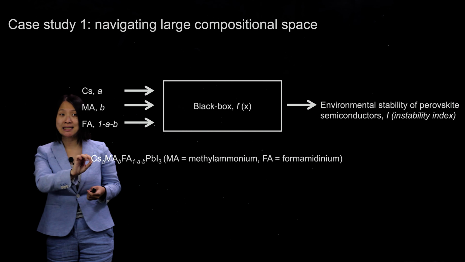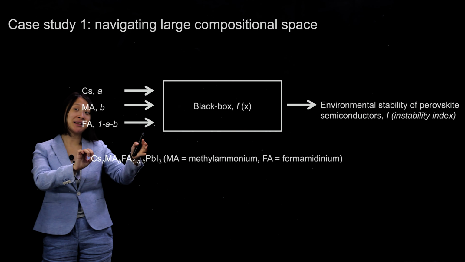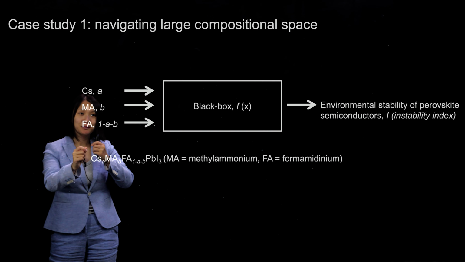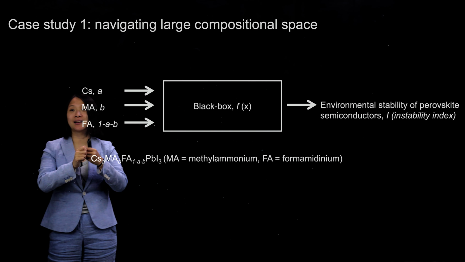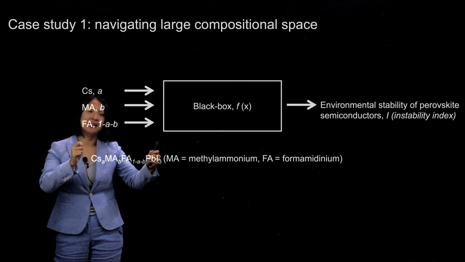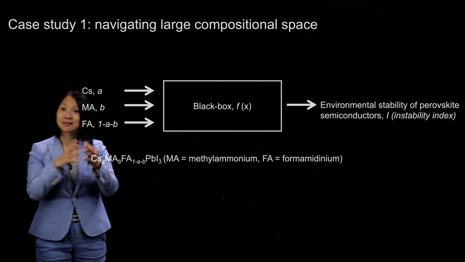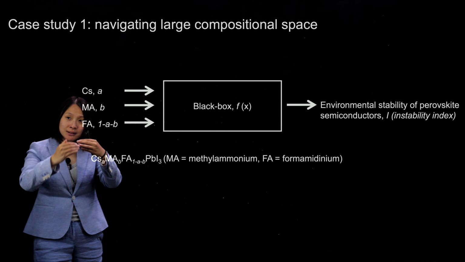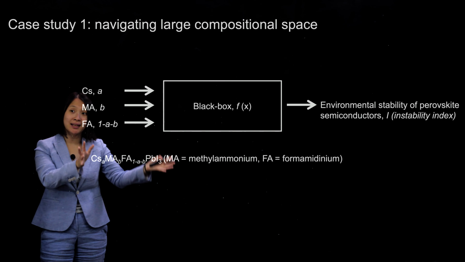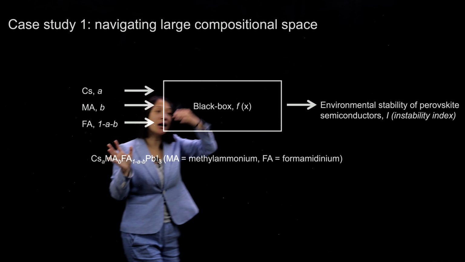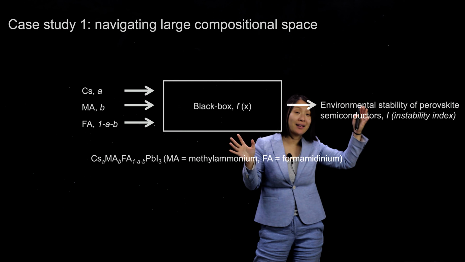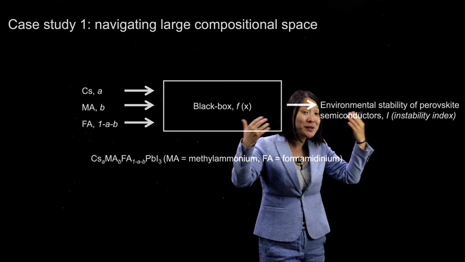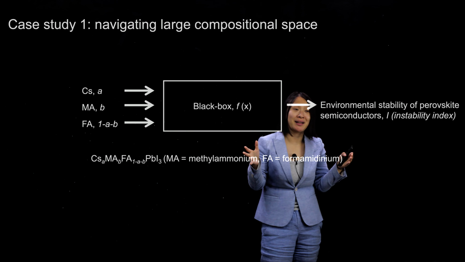It contains cesium, methylammonium, and formamidinium in its chemical formula, but the ratio between the cesium, the formamidinium, and the methylammonium is not fixed. So in other words, we are trying to tune the composition of this material with the hope that we can optimize for the environmental stability of this perovskite semiconductor.